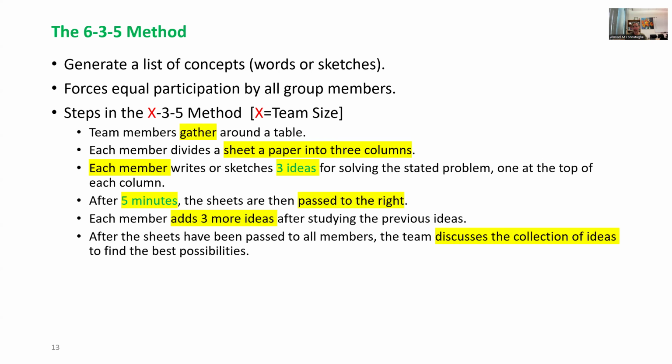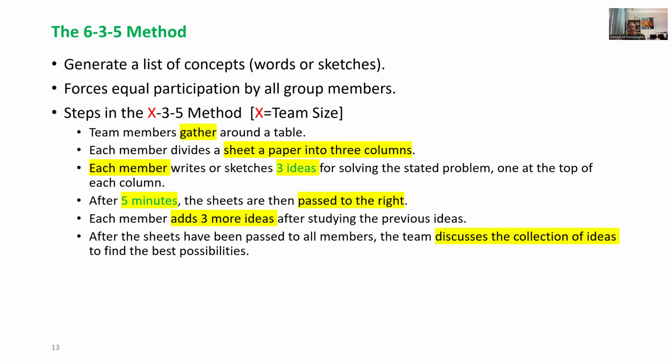We may allocate 5 minutes. So the number 3 here, the second number, is the number of columns that you draw, and 5 is the 5 minutes. After 5 minutes, each person passes their paper to the person sitting right next to them.